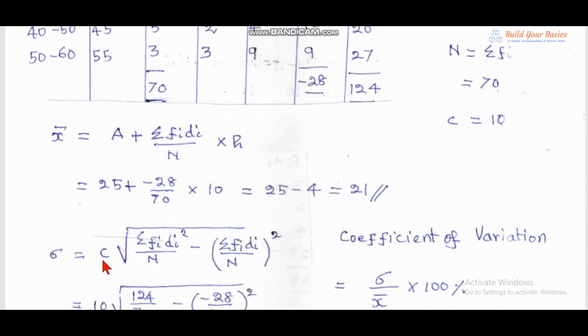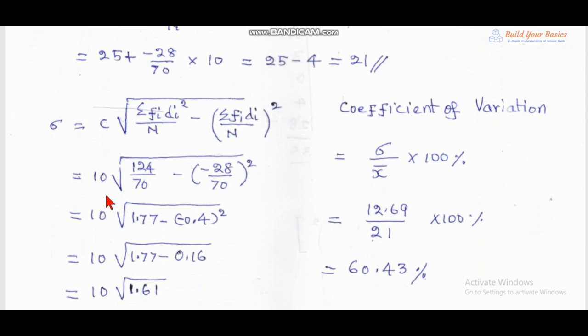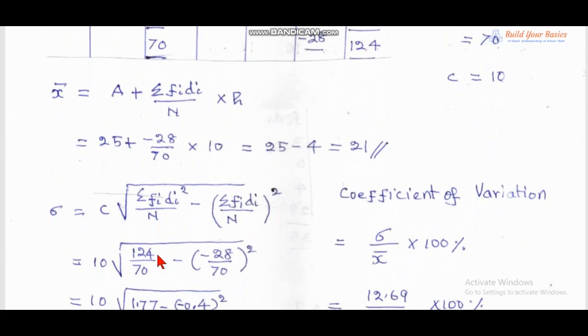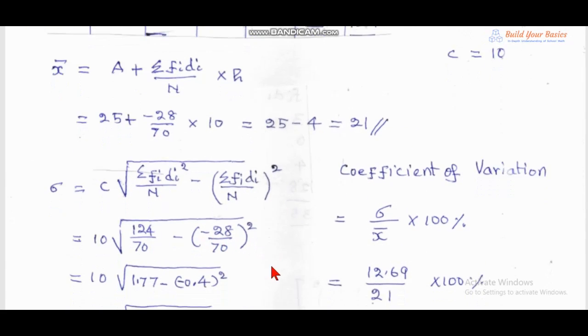Then sigma equal to c into square root of [sigma fi di squared by n minus (sigma fi di by n) whole square]. That's equal to 10 into square root of [124 by 70 minus (28 by 70) whole square].